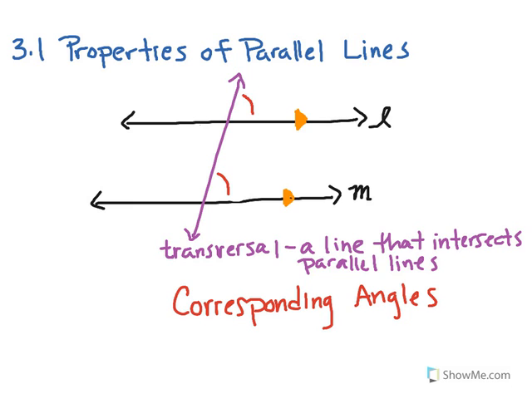The one up top is on the outside, and down here, the angle is on the inside. So these two angles are congruent. In other words, this angle is equal to this angle. Those are corresponding angles.